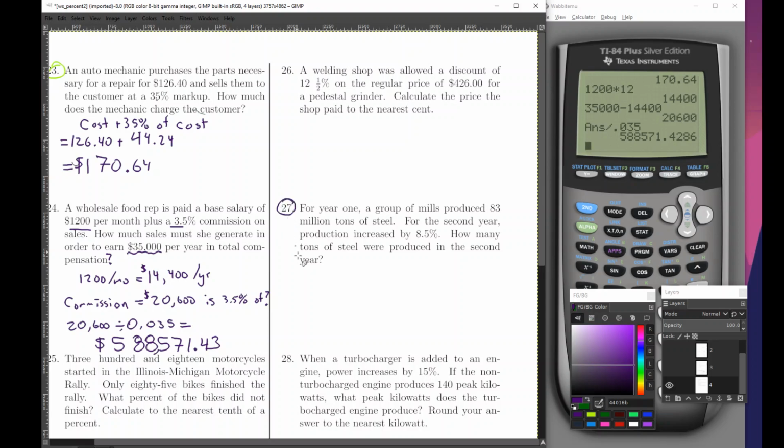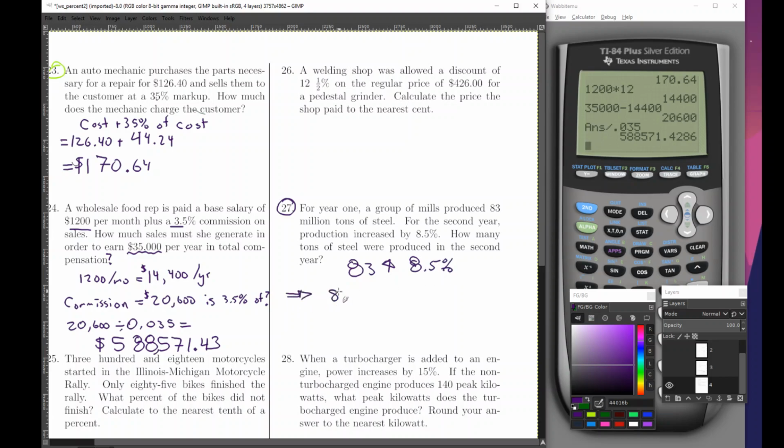Number 27. For 1 year, a group of mills produced 83 million tons of steel. For the second year, production increased by 8.5%. How many tons of steel were produced in the second year? So 83 up by 8.5%.